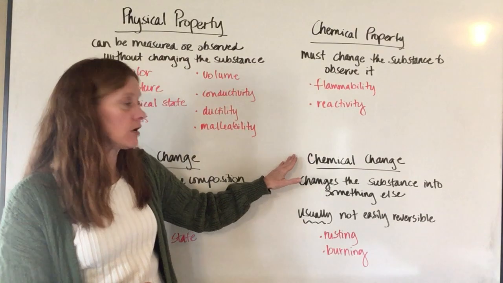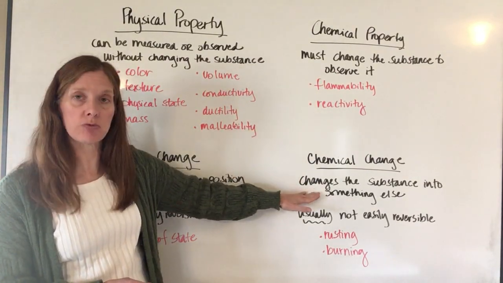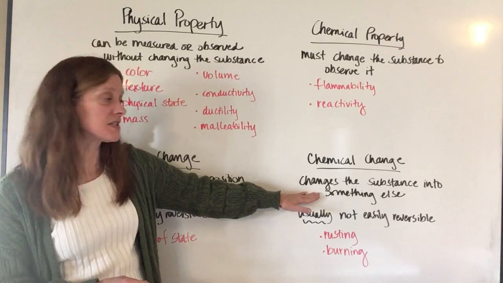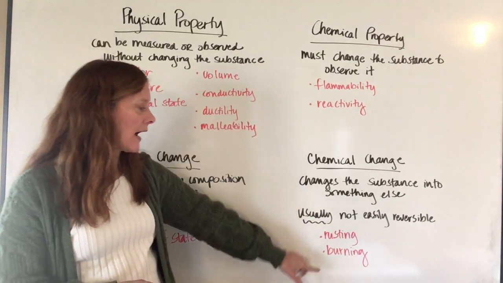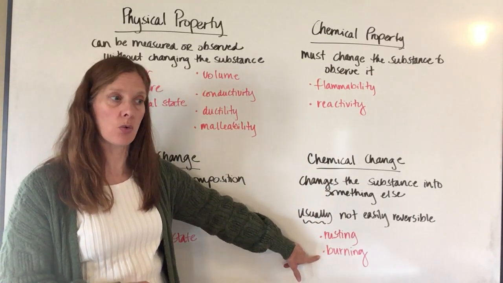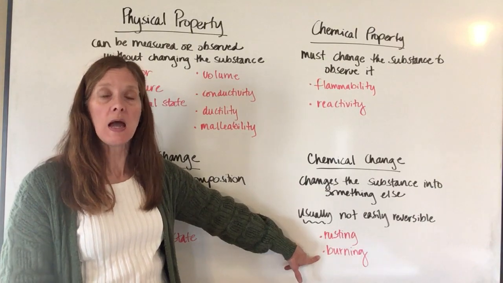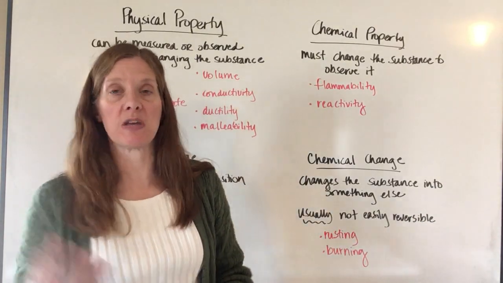So a chemical change means I basically have just done something to change that substance into something else. So for example, flammability, burning is going to be a chemical change because it's going to change whatever it is you're burning into something else. It changes your wood that you're burning at your campfire into something else.